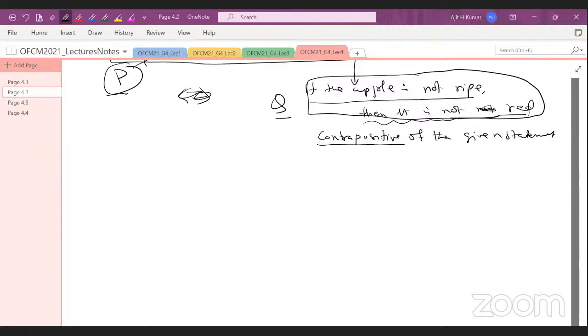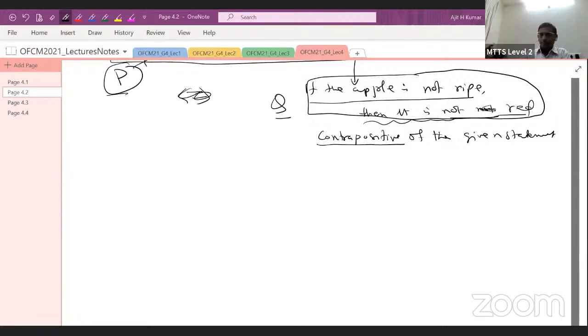Right. So if I have to prove the given result, which is the statement that if S, then T, that is equivalent to saying that if T is not correct, if not T, then S cannot be correct.